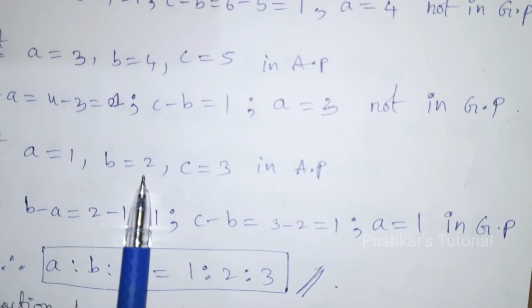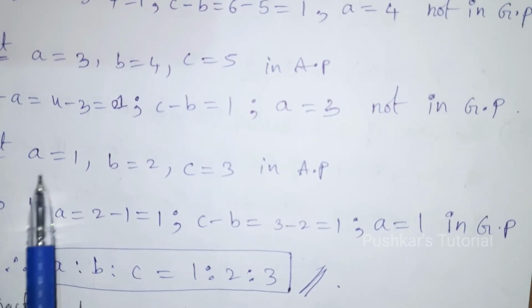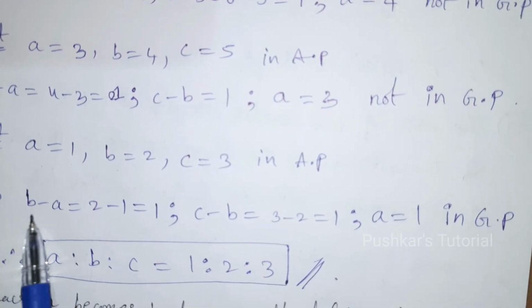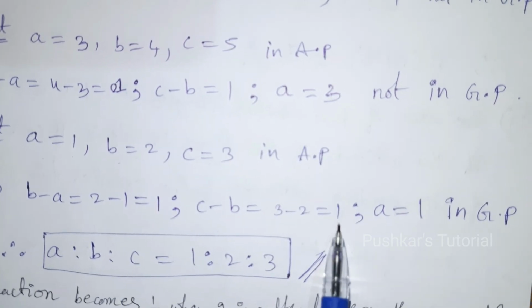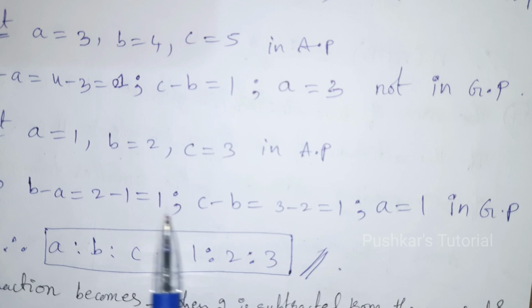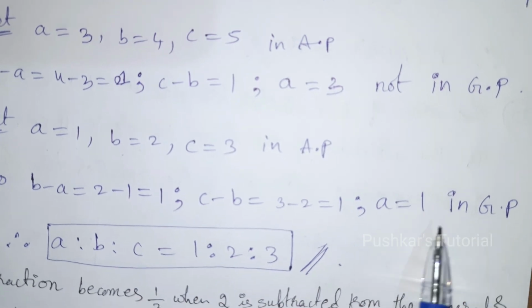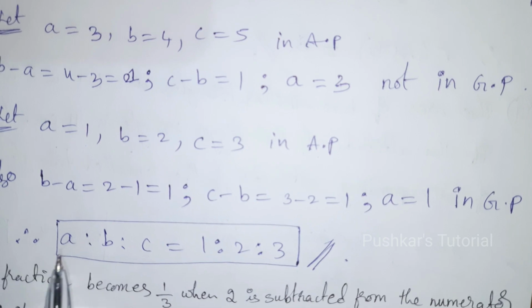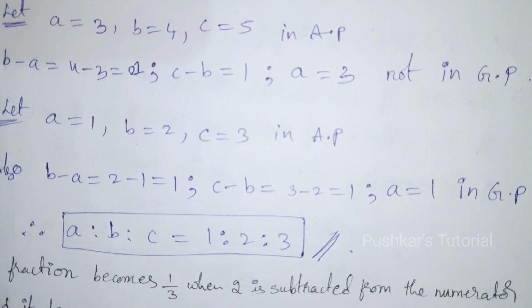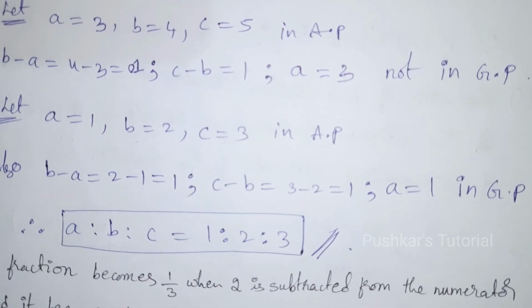A is 1, B is 2, C is 3. Of course it is in AP. Next B minus A is 1, C minus B is also 1 and A is 1. So the common ratio is also 1, 1, 1. So it is in GP. So finally A:B:C is equal to 1:2:3.